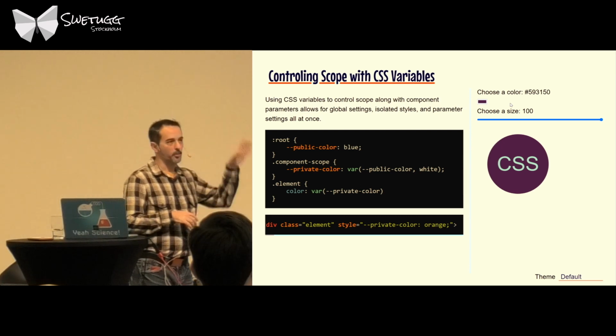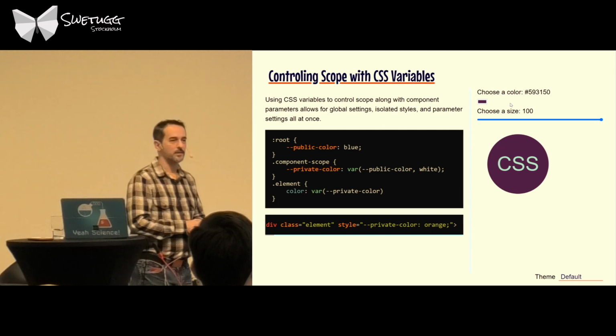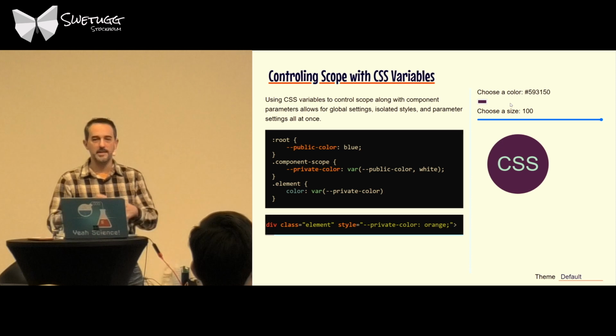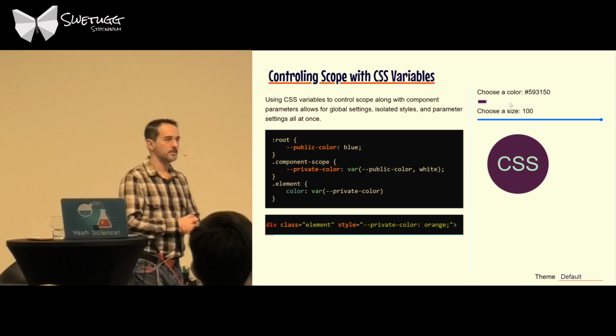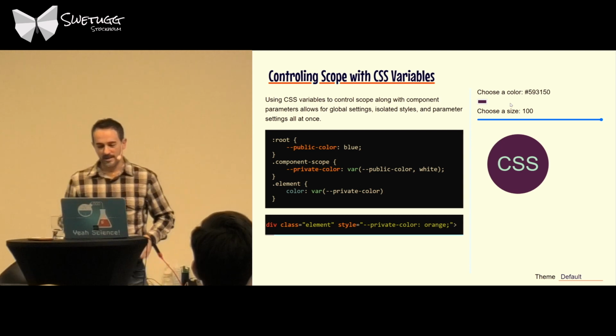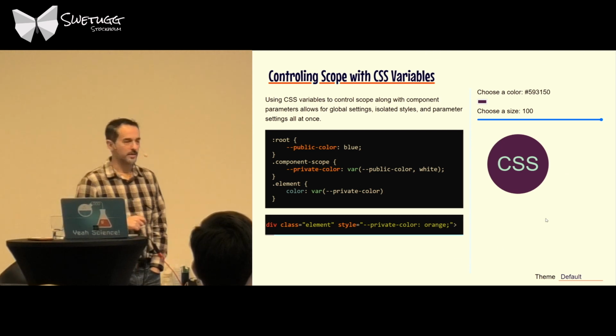We could set them at a global level, so all bubble instances are affected by it, or we could set them at the parameter level, so only that one single instance of that bubble is affected. So that gives us kind of the best of both worlds. We're right in the Goldilocks zone of styling our components there.